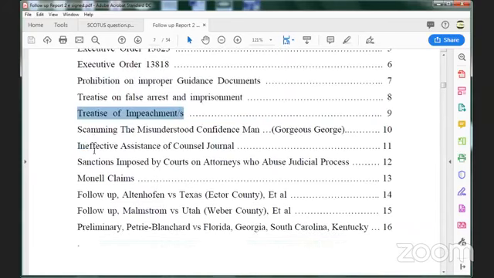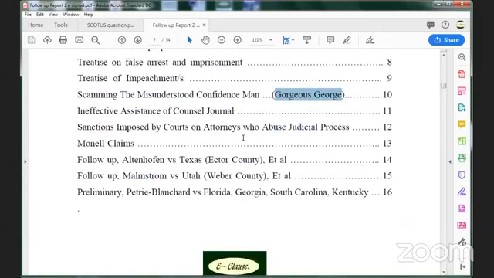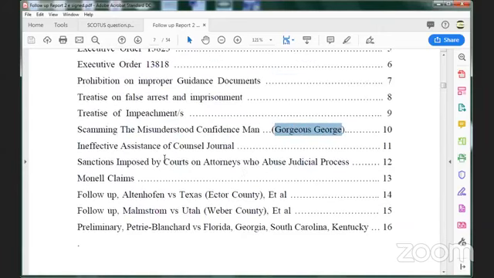The scamming, the misunderstood confidence man, right? Also effectively known in the legal community as Gorgeous George. Not unlike Curious George, but it is what it is.